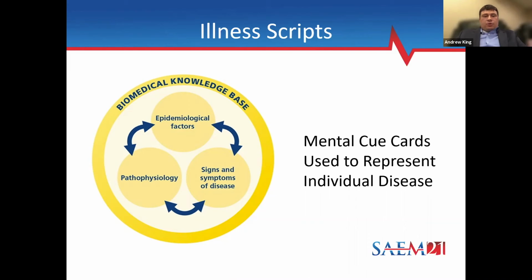We ask them to present it in an illness script format. So the epidemiological factors: the patient's age, race if it's pertinent to the case, gender if it's pertinent to the case, and then any specific risk factors that they may have for this specific illness.